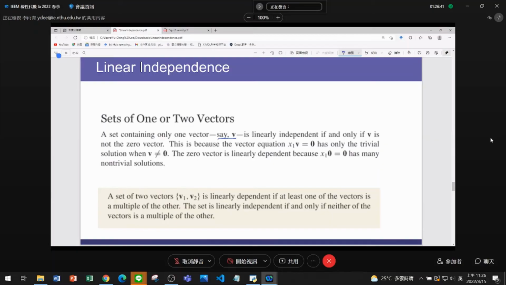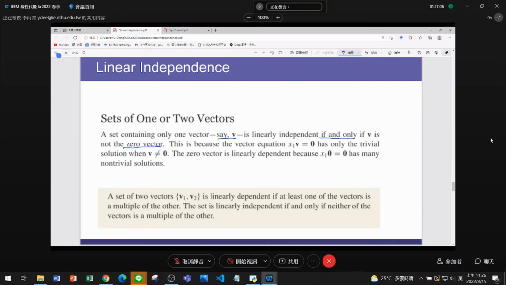那只有自己一个的时候，它有办法说是 linear independent 或是 linear dependent 吗？答案是是的。当只有一个 vector 的时候，我们也可以去讨论它是否是 linearly independent。如果这个 vector 本身它不是一个零向量，我们就说它是 linearly independent.